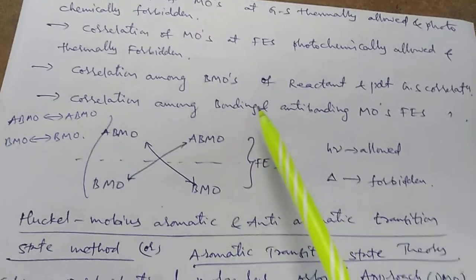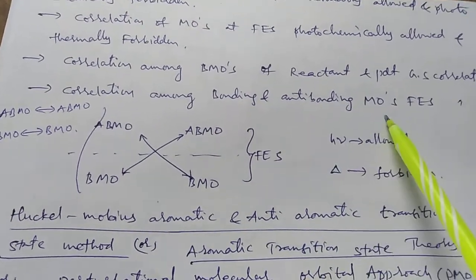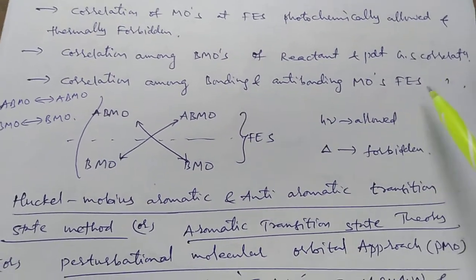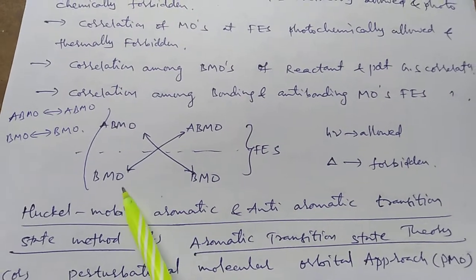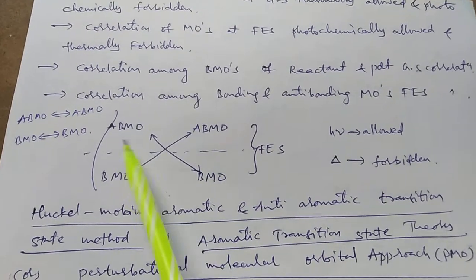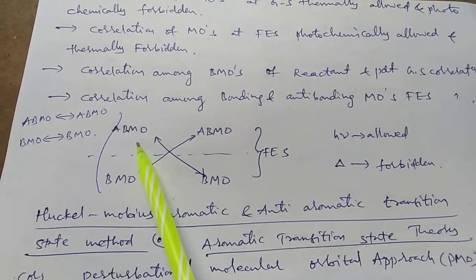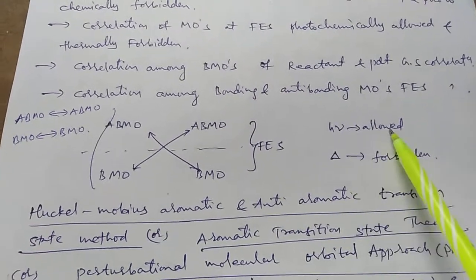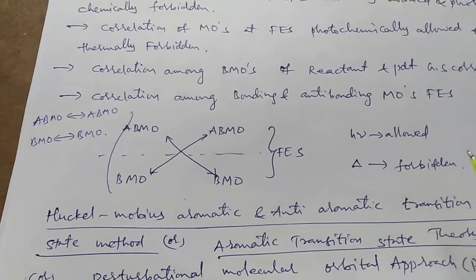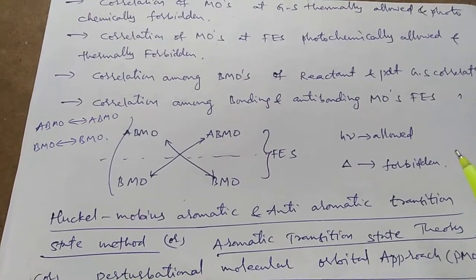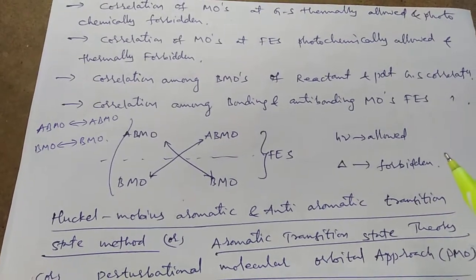In the first excited state, a bonding molecular orbital correlates to an antibonding molecular orbital, which is photochemically allowed and thermally forbidden. So these are the guidelines for the correlation of symmetric orbitals.